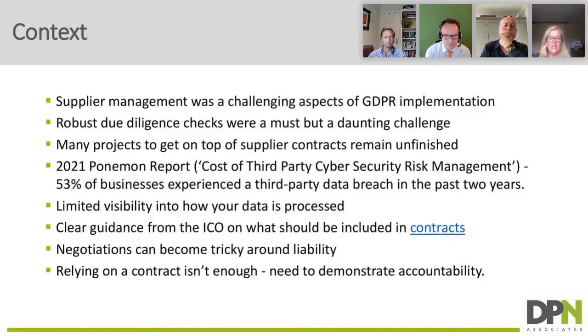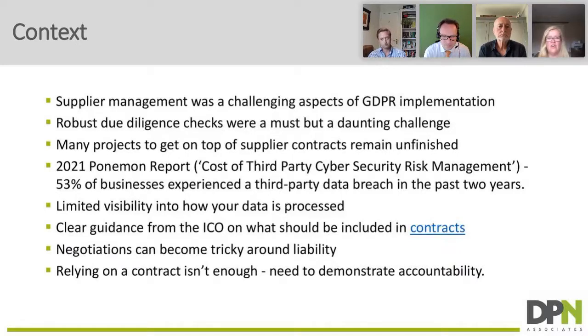We need to know what's happening with our suppliers and how they're processing data. And it's often not at all obvious what happens to the data once it leaves your front door. There is clear guidance from the ICO on what should be included in contracts, but rather frustratingly, a lot of this is down to judgment and making a call based on your own business's circumstances.